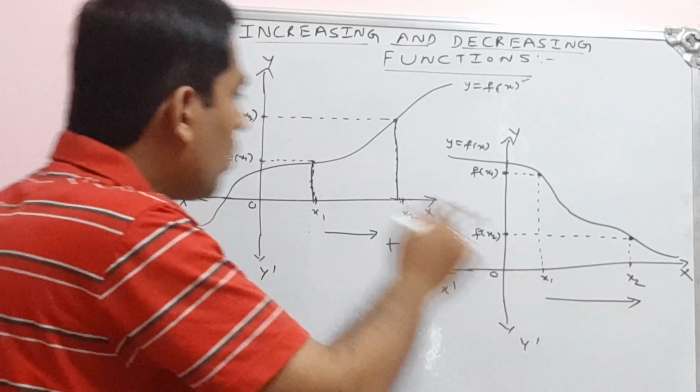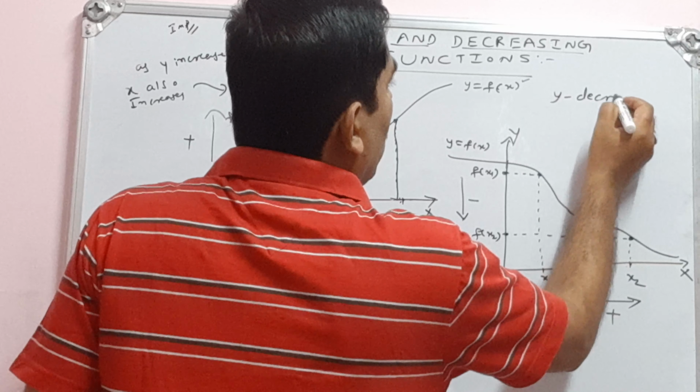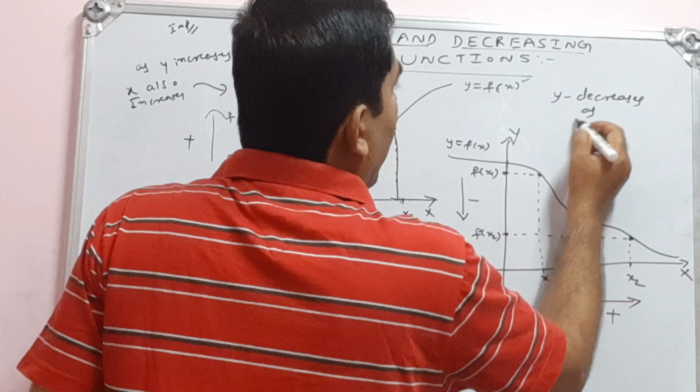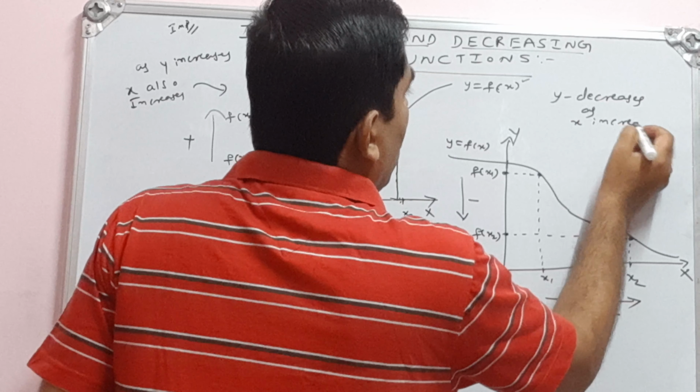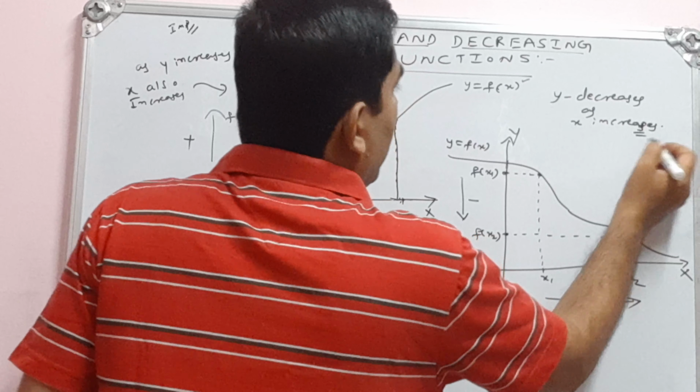In this case, y decreases, the height of the graph decreases. So here y decreases as x increases.